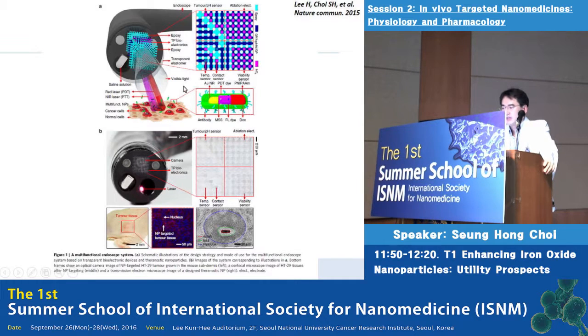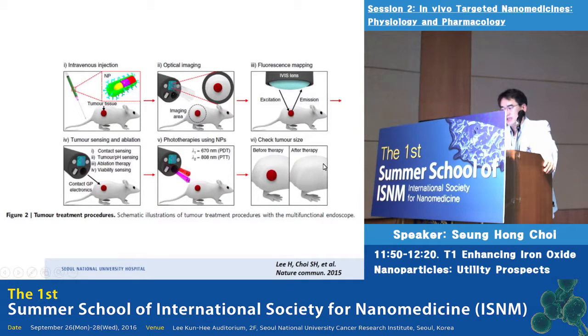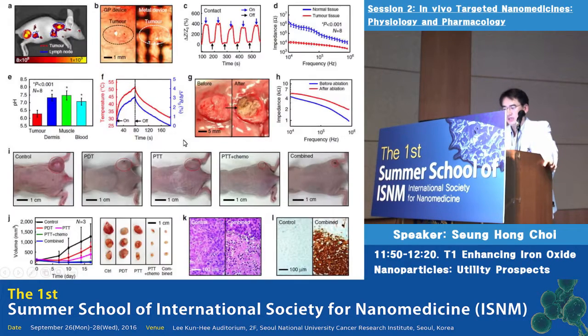And for the local treatment, we use the laser, for PDT and PTT. Actually, in this study, we obtained a good result. The application of nanoparticles and PDT and PTT makes the tumor treatment better than single application of the nanoparticle, or PDT only, or PTT only.